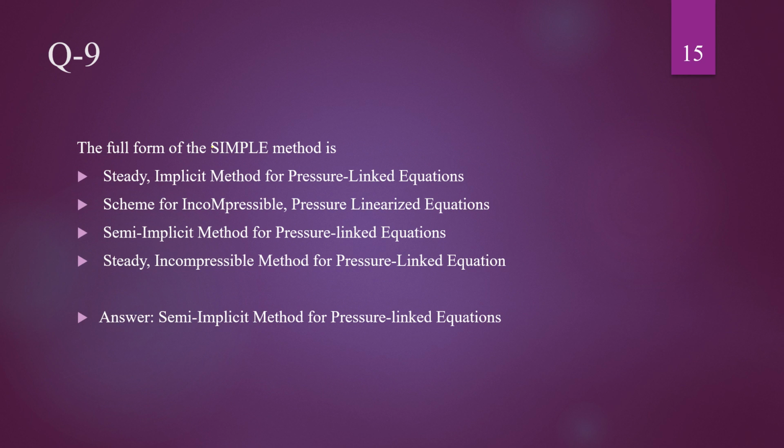The full form for the SIMPLE method is: option 1, steady implicit method for pressure linked equations; scheme for incompressible pressure linearized equations; semi-implicit method for pressure linked equations; steady incompressible method for pressure linked equations.